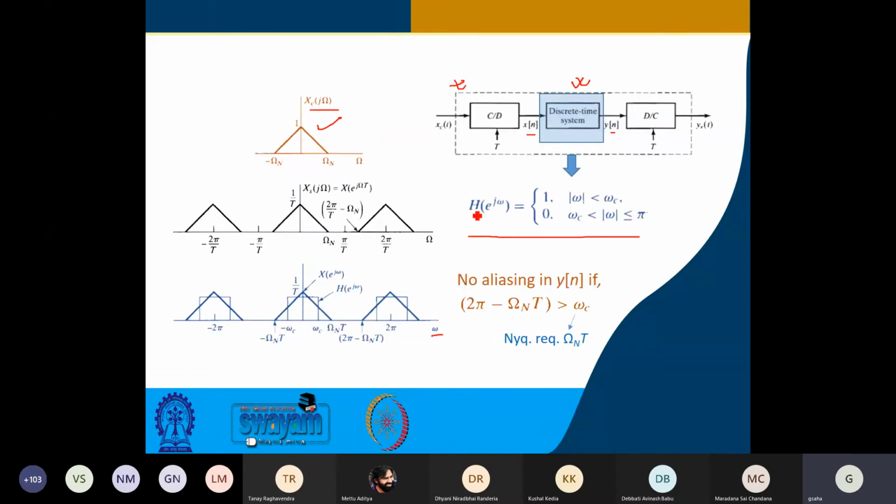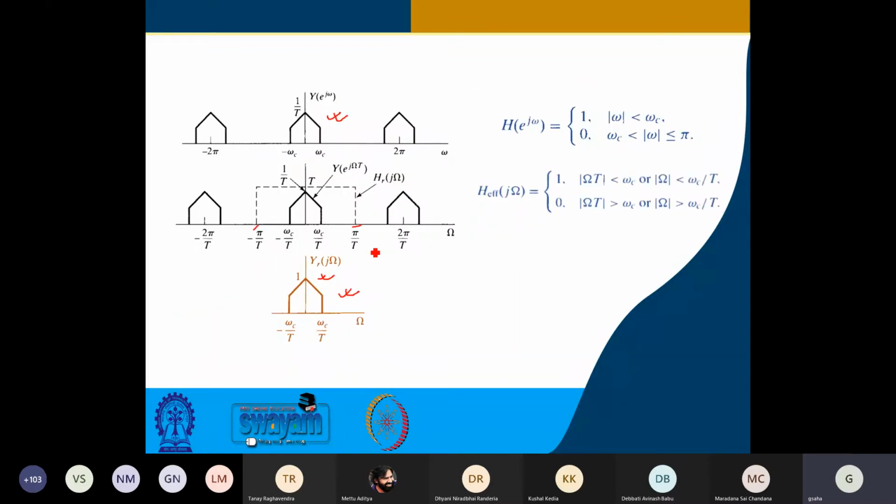But we might give you a different kind of H(e^{j omega}), and then you know the overall concept. You will be doing the drawing properly, but if you are not attentive, you might falter on these counts. That this labeling of the capital omega axis and small omega axis, you will be missing some points.